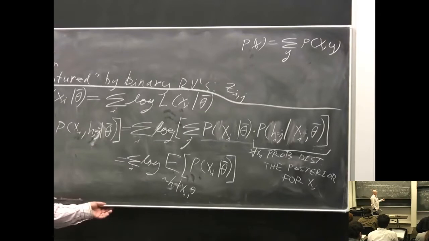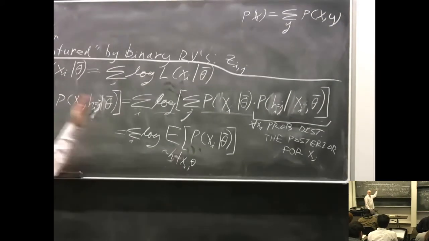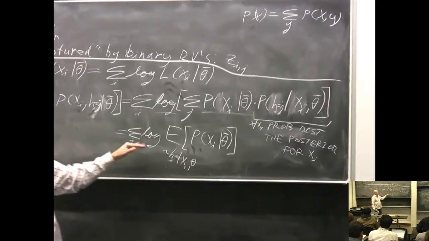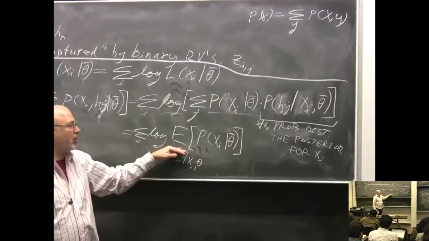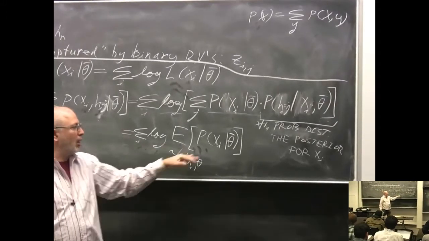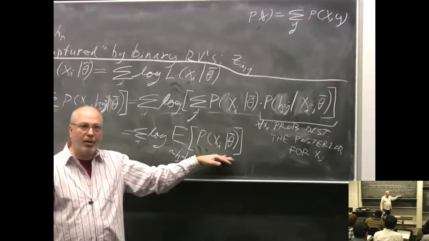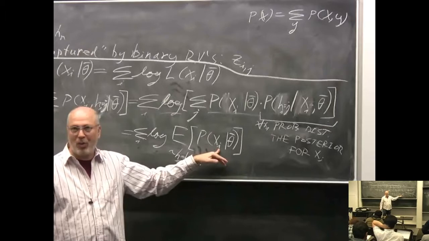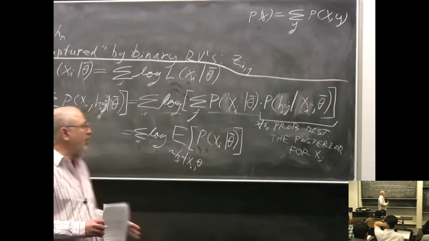This is what I wanted to get to. I start from the likelihood of the data, and I ended up with a sum of the log of the expectation under some distribution of the probability of a particular data point. And now I use Jensen's inequality to bound it with an inequality.